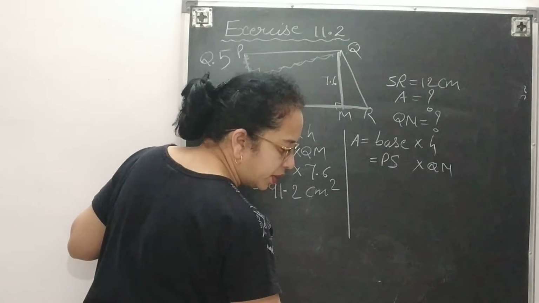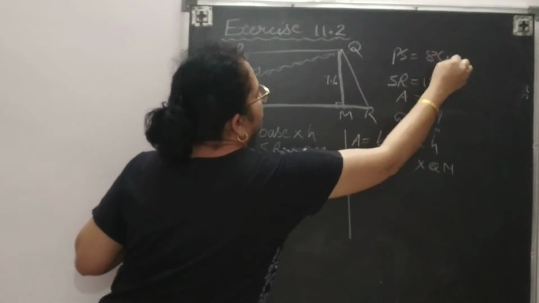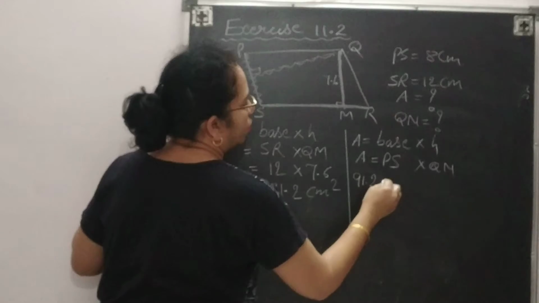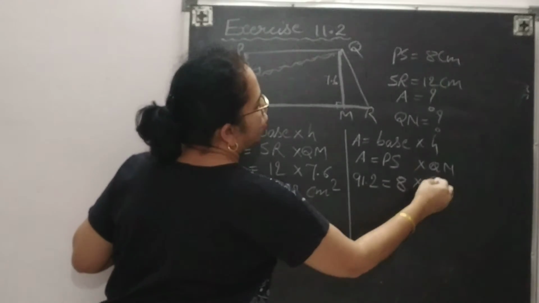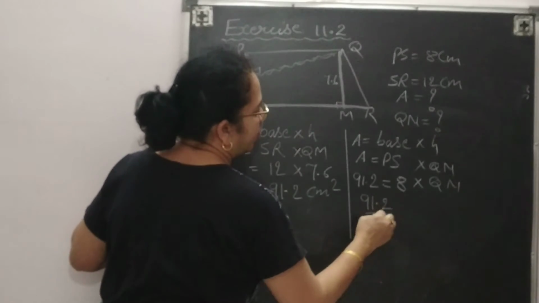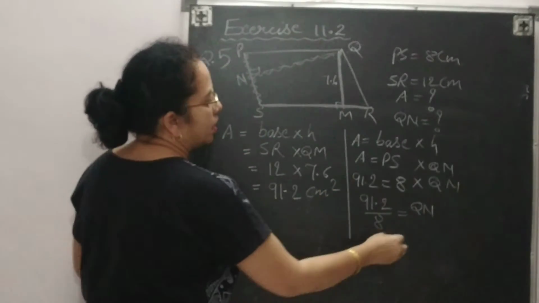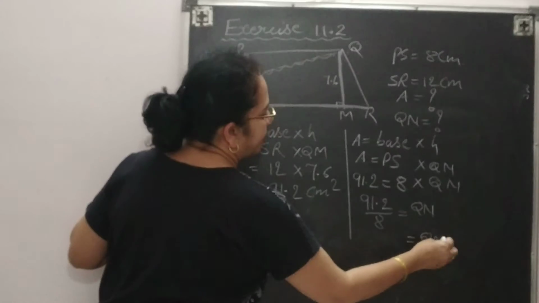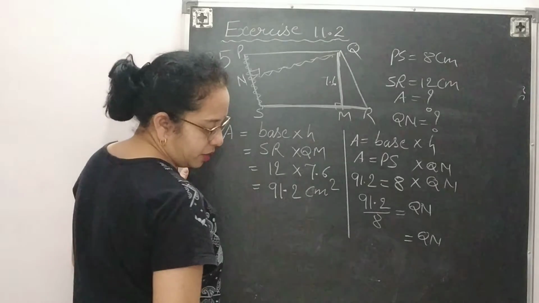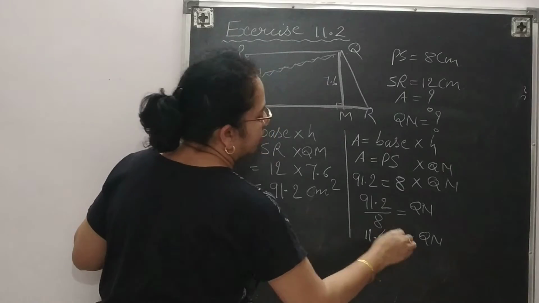So again the same area will be there. 91.2 is equal to PS is 8 and QN you are supposed to find. So next step, this 8 will come in the denominator and this is your QN. Now just solve this. You divide 91.2 by 8. So your answer will be 11.4 and the unit will be centimeter.